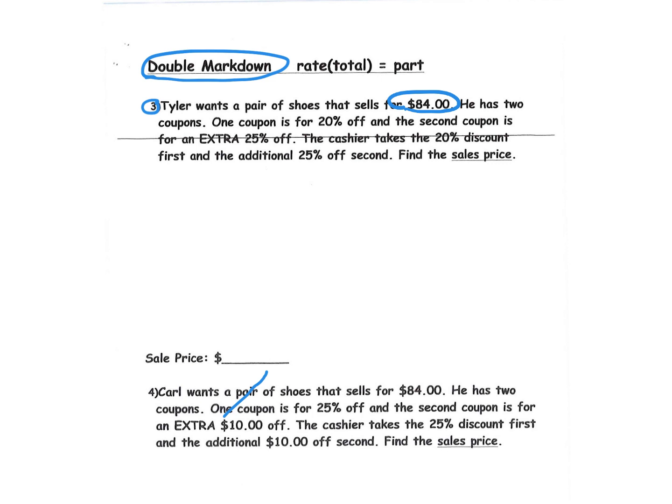One coupon is for 20% off, and the second coupon is for an extra 25%. The cashier takes 20% off the item first and an additional 25% off second. Find the sale price. Let's begin.